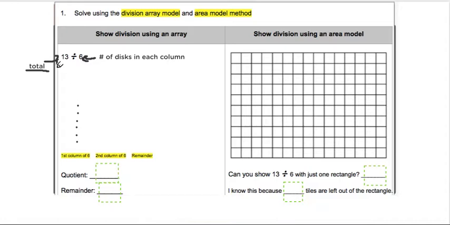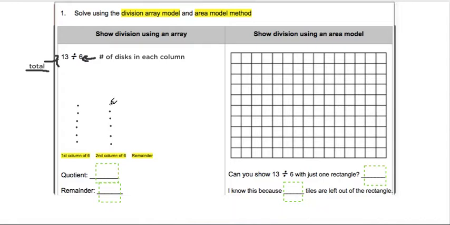Am I anywhere near my total of 13? No, so we're going to make another column of 6. Here we go. 1, 2, 3, 4, 5, 6. How many discs do I have? Yeah, I have 12.